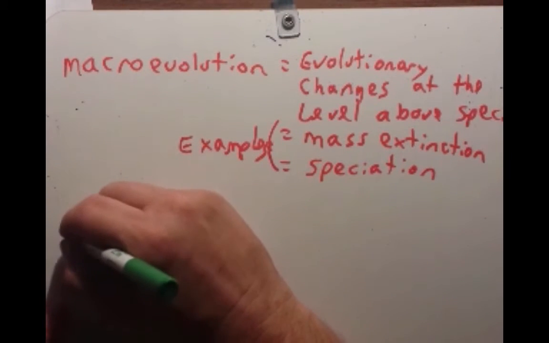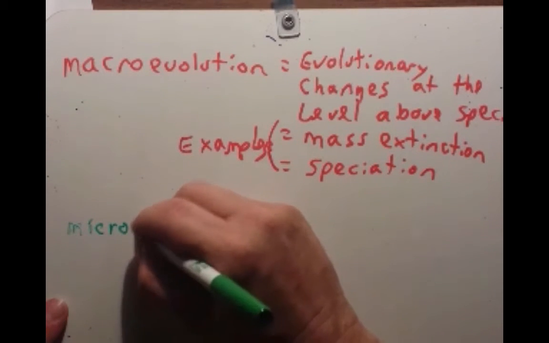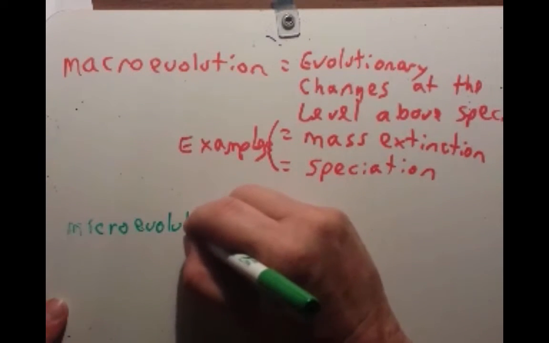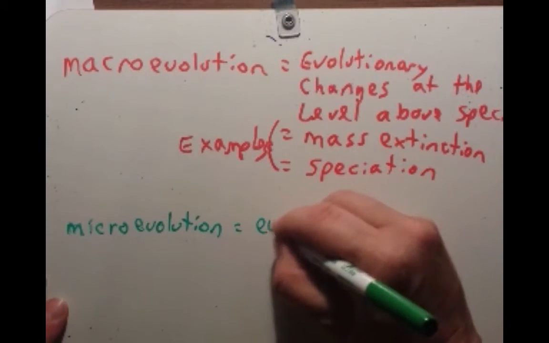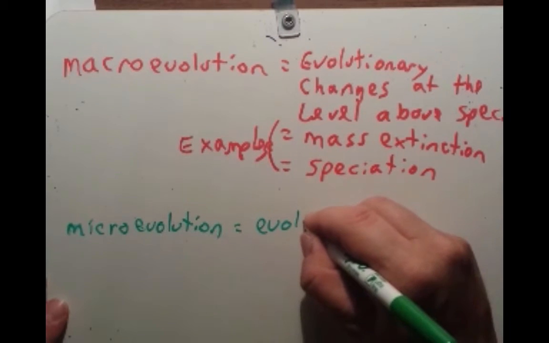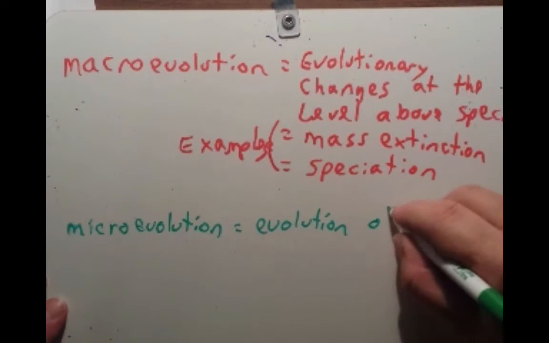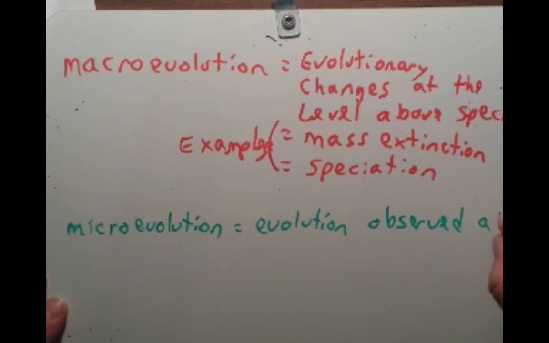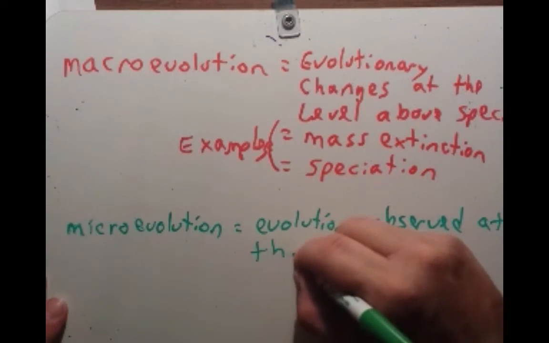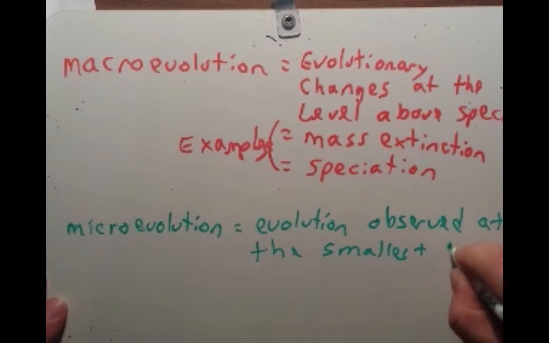Microevolution is evolution observed at the smallest level.